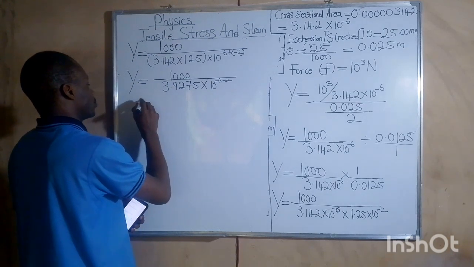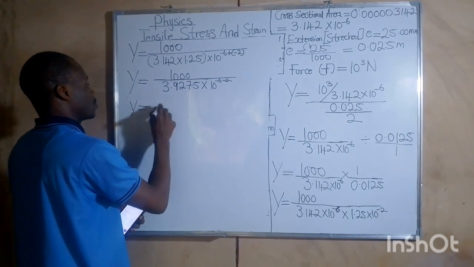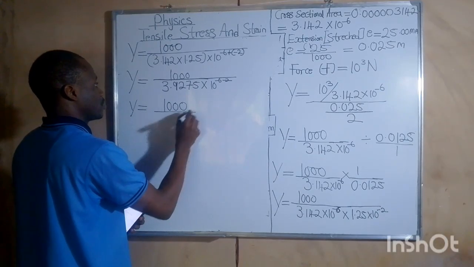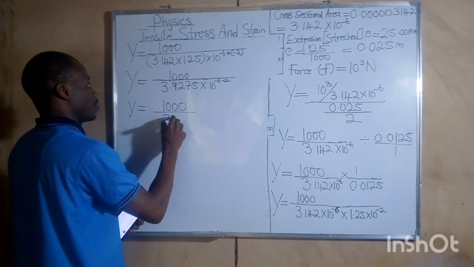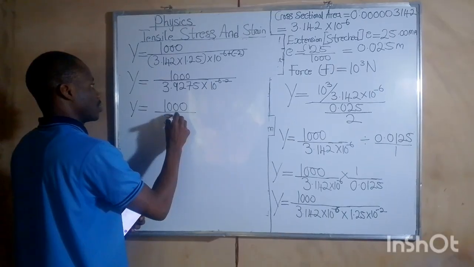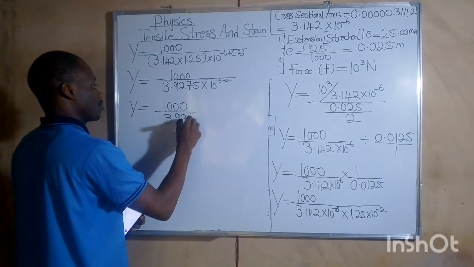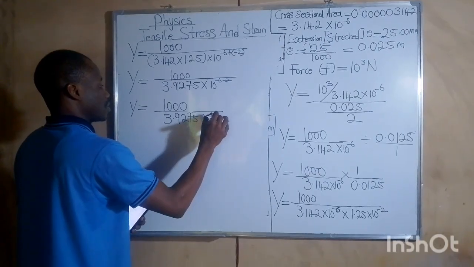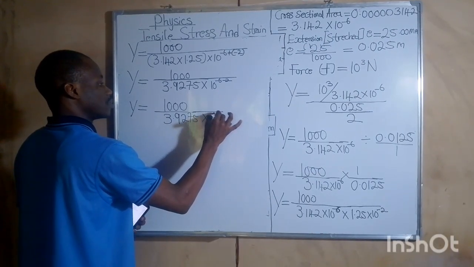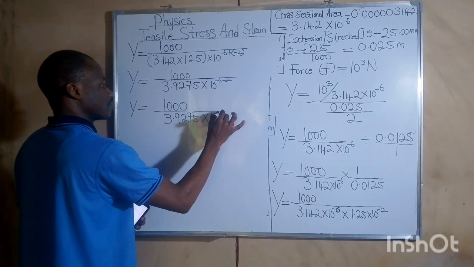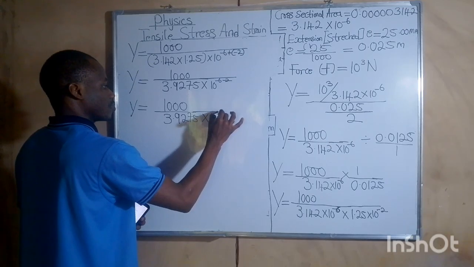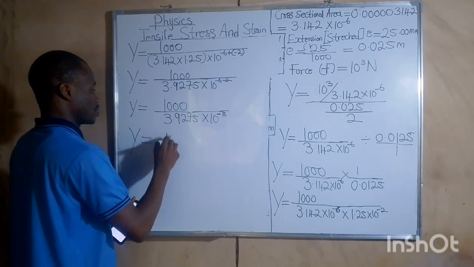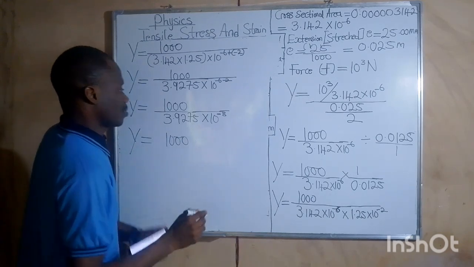Y is equals to 1000 all over 3.9275 times 10 raised to power minus 8. Now, your modulus is equals to 1000. What do you think will happen?